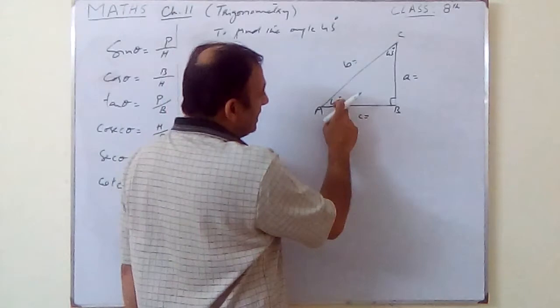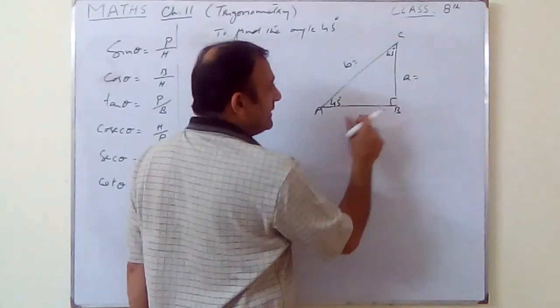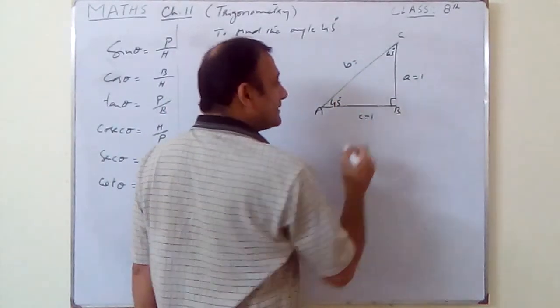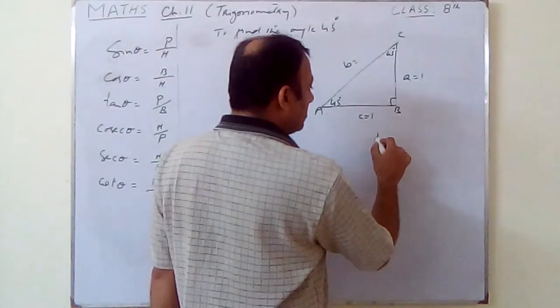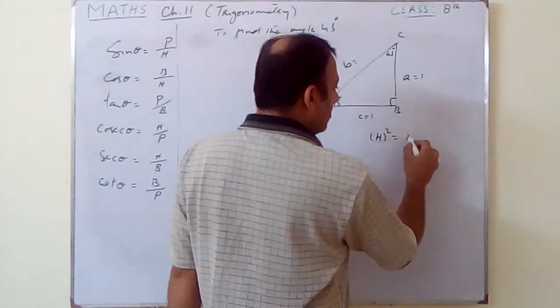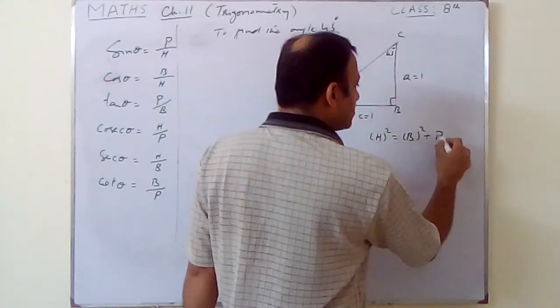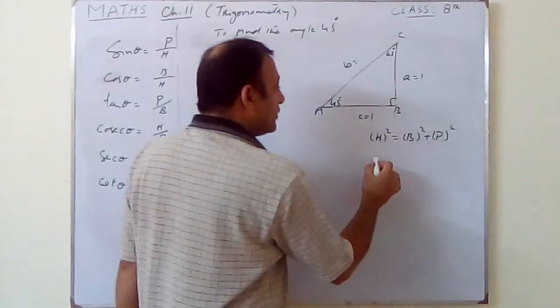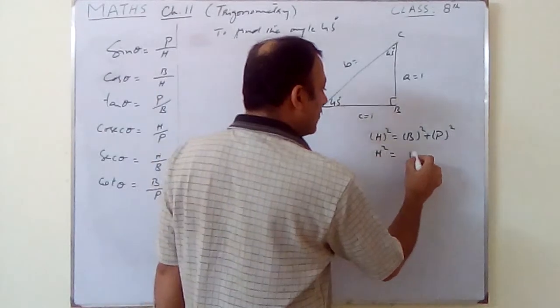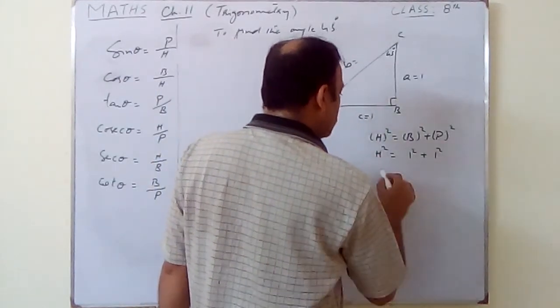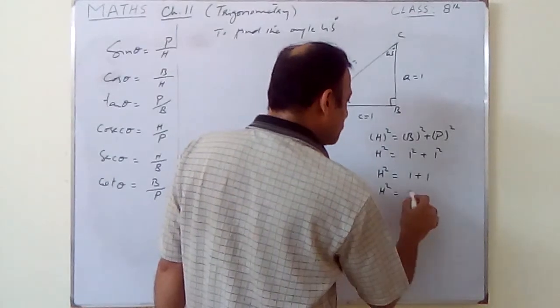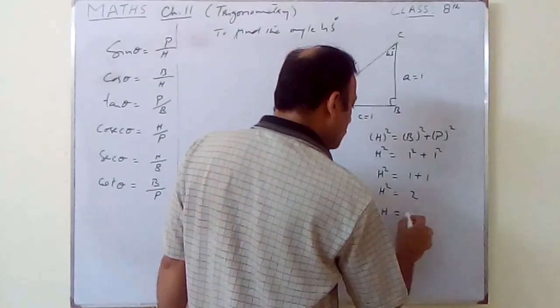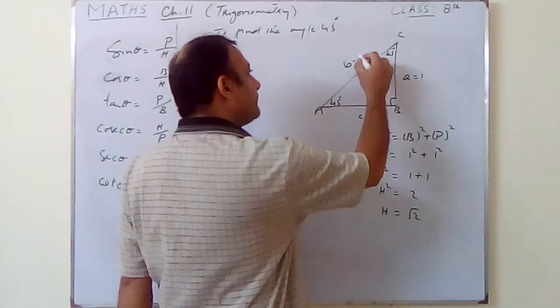It means if this side and this side are the same, and this is 1, this is also 1. By Pythagoras theorem, hypotenuse square is base square plus perpendicular square. So h square is equal to 1 square plus 1 square, h square is equal to 1 plus 1, h square is equal to 2 and h is equal to square root of 2.